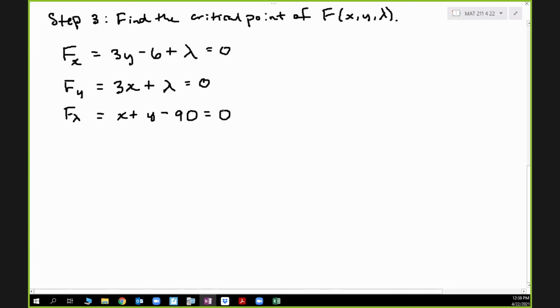Again, if you solve these in a different way, as long as you're following all of the rules of solving systems, then there's generally more than one way to go about it. I like the way we did last time of solving the first two for x and y and then plugging them back in.